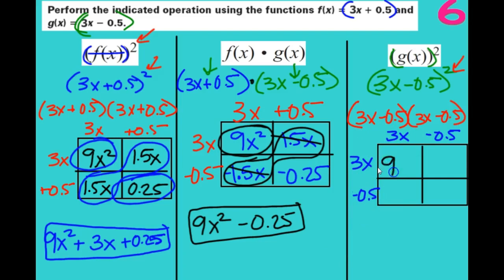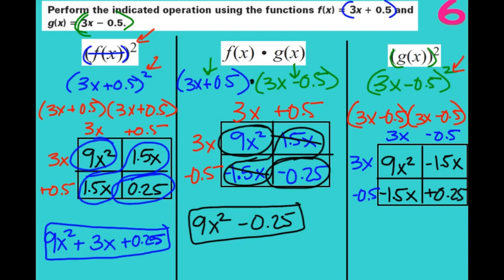3 times 3 is 9, x times x is x squared. 3 times 0.5, we've done this many times, now it's a negative 1.5x. Same thing here, negative 1.5x. And then 2 negatives, be careful here, make a positive. 0.5 times 0.5, just like over here, made 0.25.